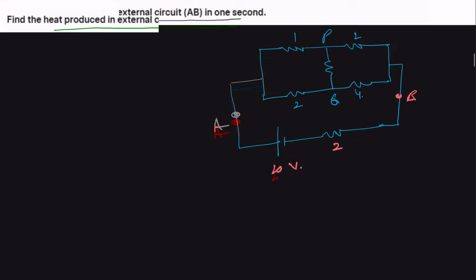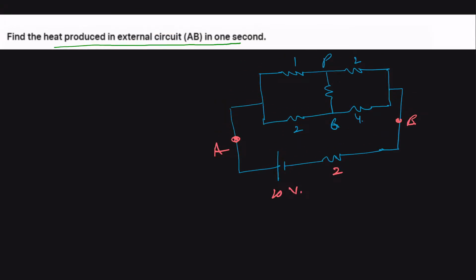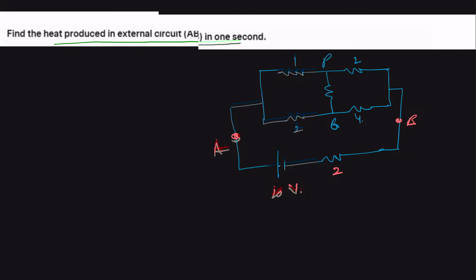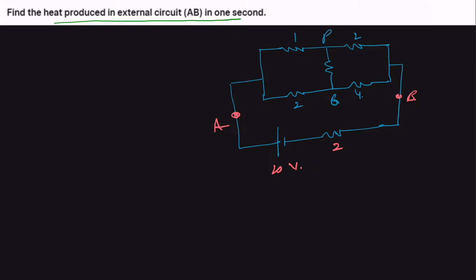So let us find the heat produced. In this case we need to find out the equivalent resistance, and then it is going to help us to find out the current in the circuit, and that is going to give us the required heat produced. And for the sake of convenience, let us assume we can put this value later on.